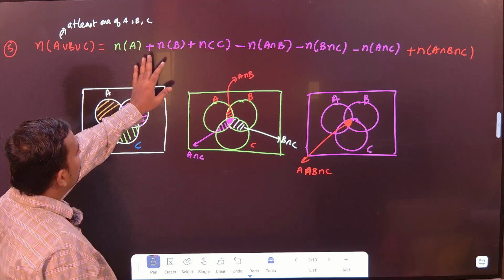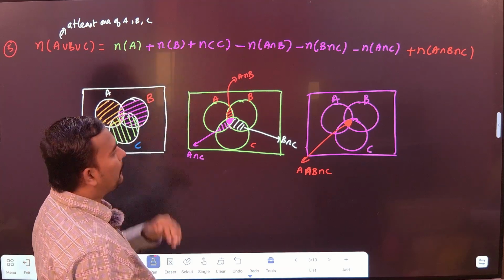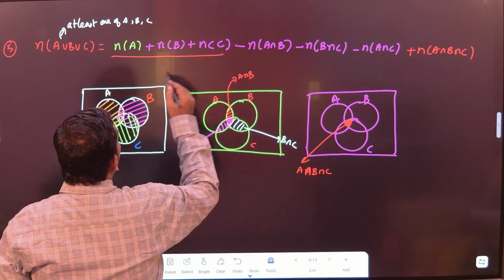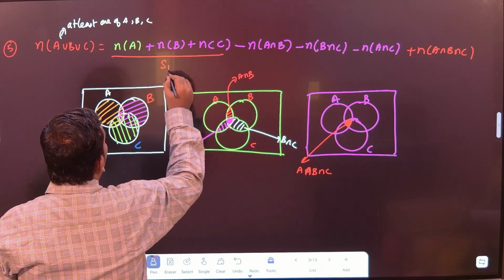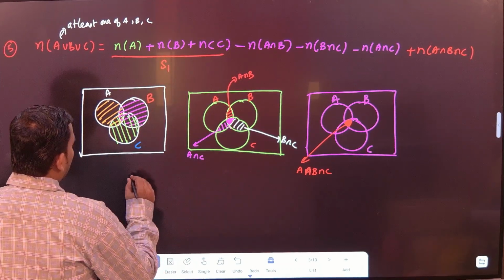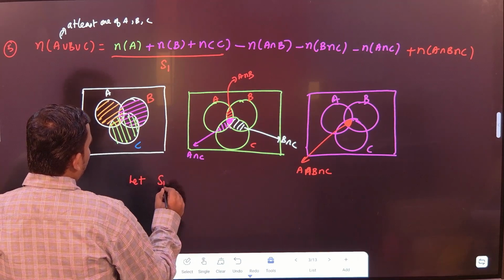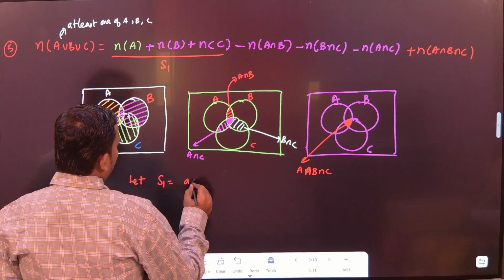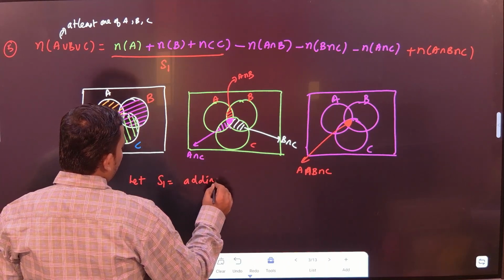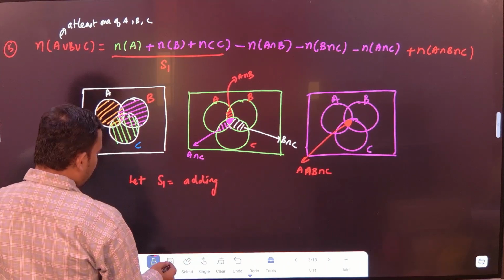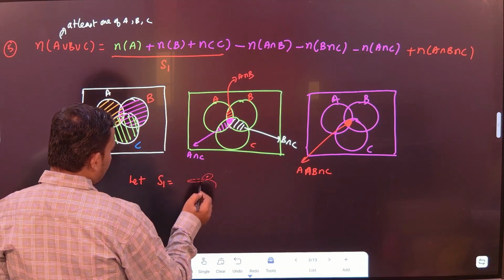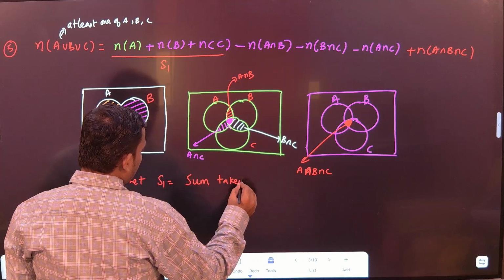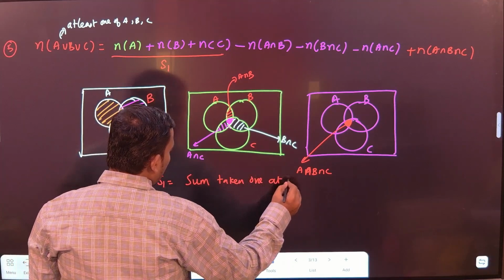So you're adding A, B and C, the whole thing, one at a time. Let's take S1. S1 is the sum taken one at a time.